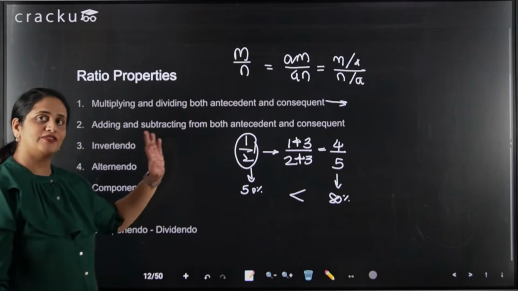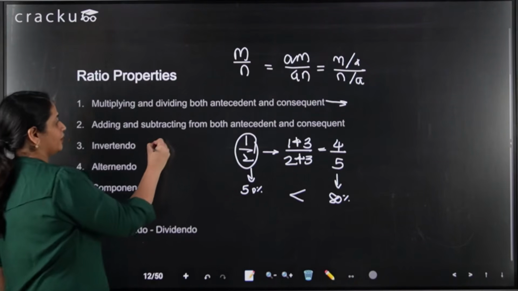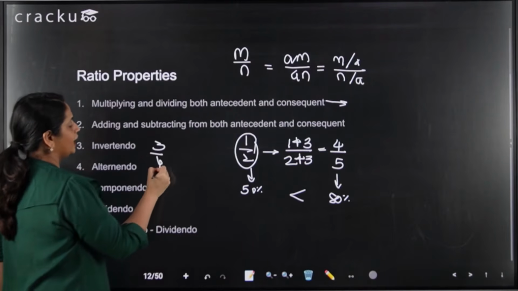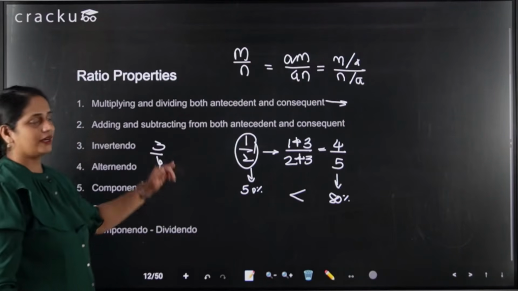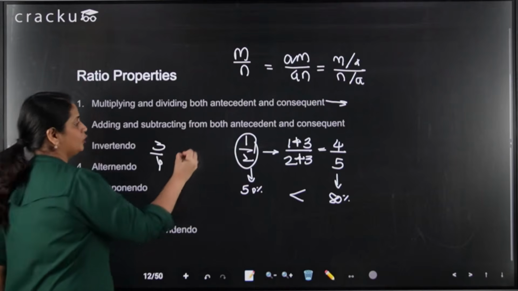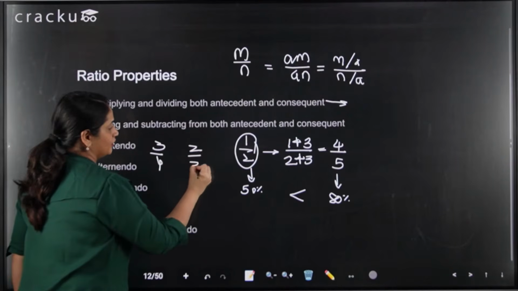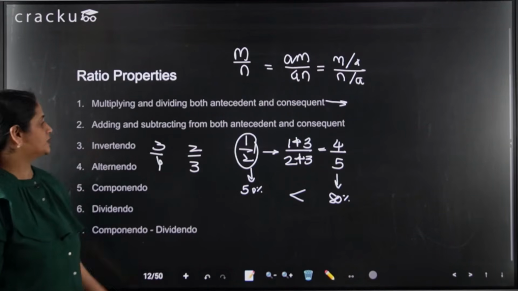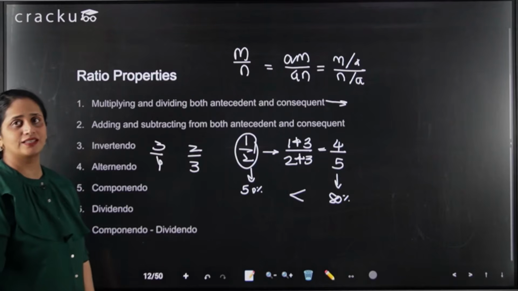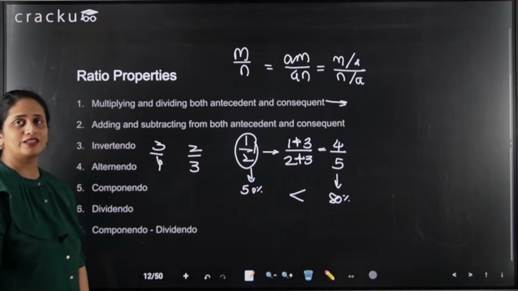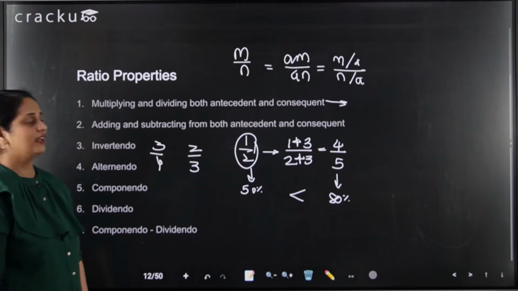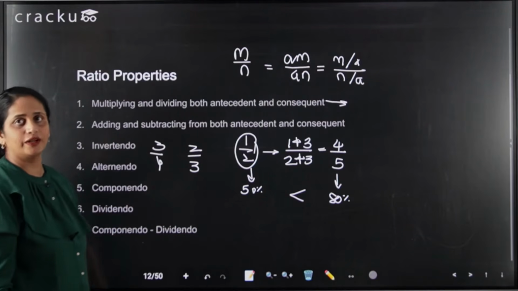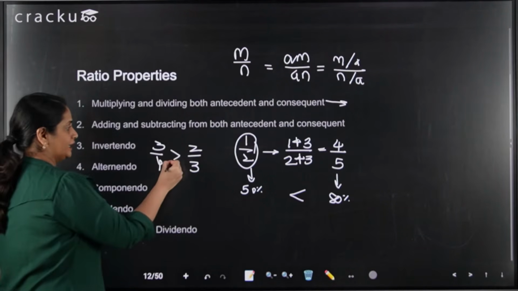If I subtract, if it's a proper fraction, suppose it is 3 by 4, and I subtract 1 from numerator and denominator, what do I get? I get 2 by 3. 3 by 4 is 75%, 2 by 3 is 66.67%. So is my fraction or ratio decreasing or increasing? If I subtract and it was a proper ratio, it will decrease.